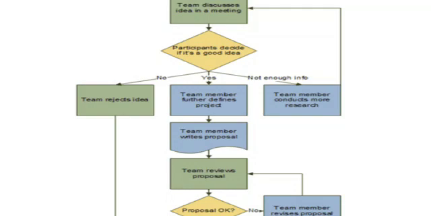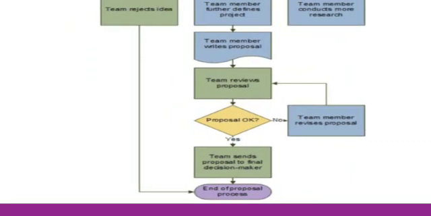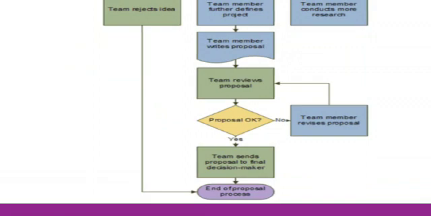If one of the members' ideas is good, yes, then the team members will decide about the further project plans. If no, then he will reject the idea. If he rejects the idea, it will directly go to the end of the proposal, because the idea is totally rejected.